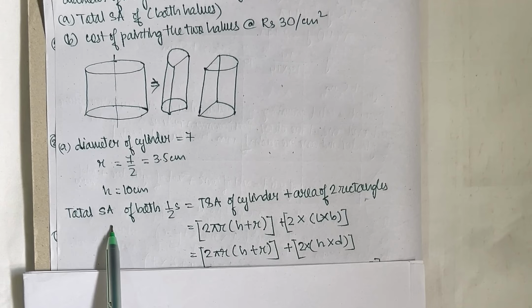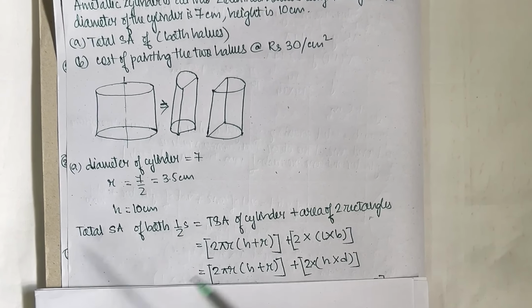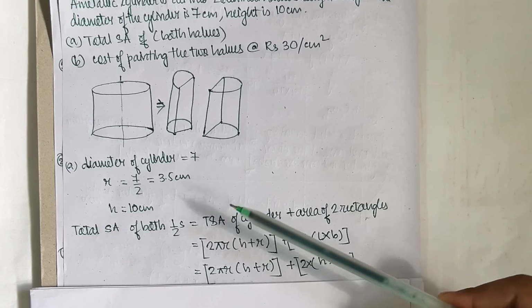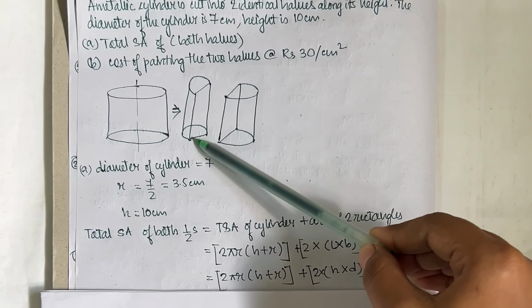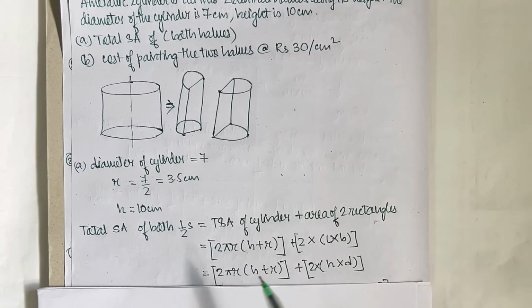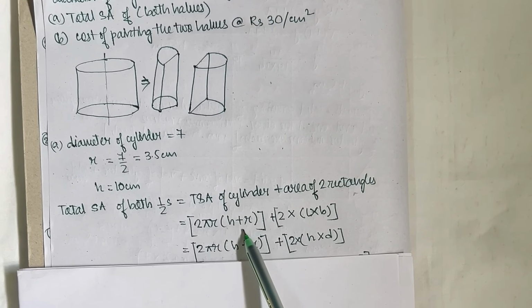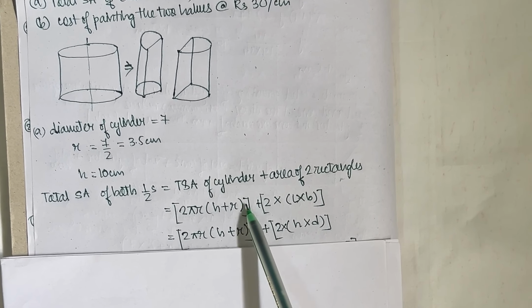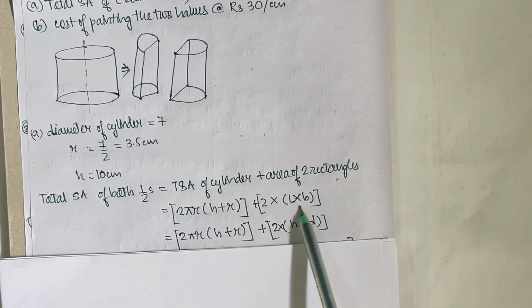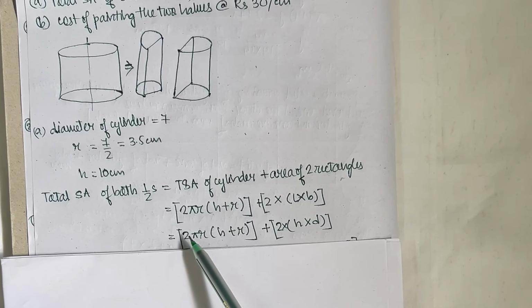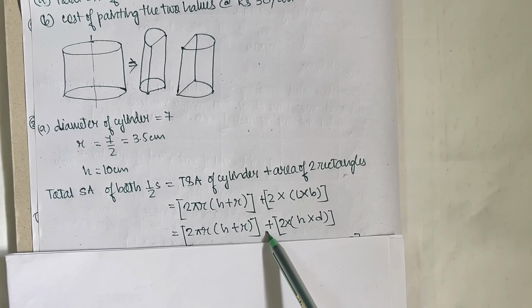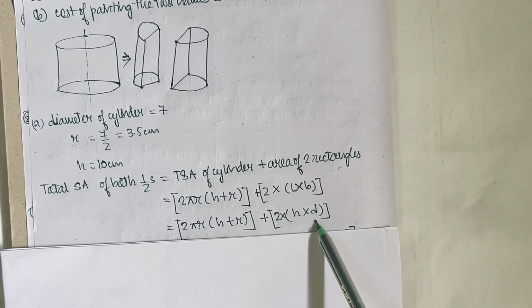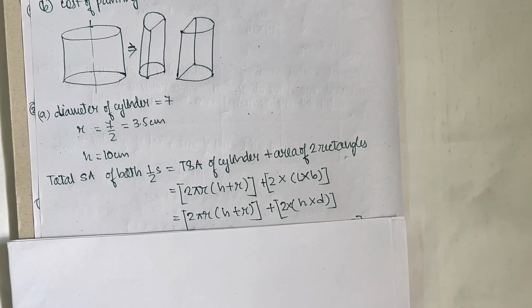Now total surface area of both the halves will be total surface area of the cylinder plus area of the two rectangles that it is forming. See, there are rectangles. So that is 2 pi r h plus 2 pi r square, plus 2 into L into B. So we are simplifying again, that is 2 pi r (h plus r) plus 2 into h into d. That means height into diameter.